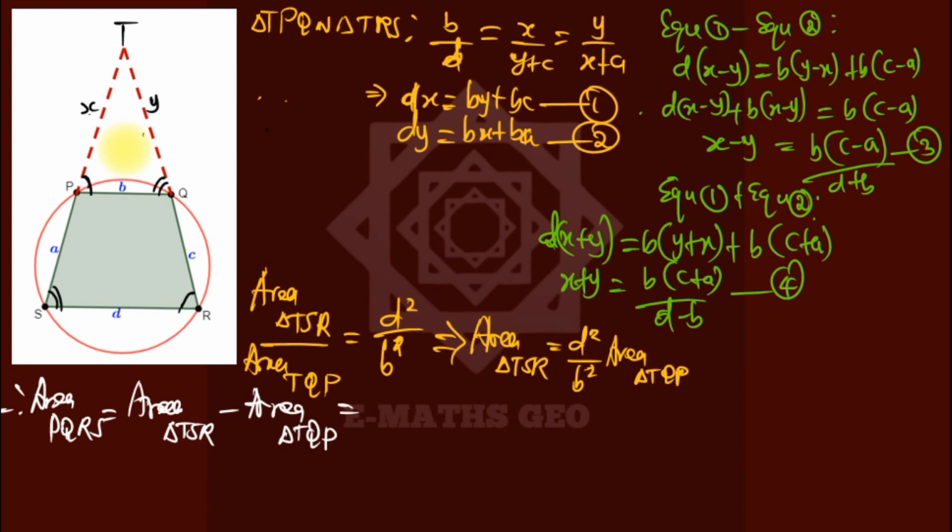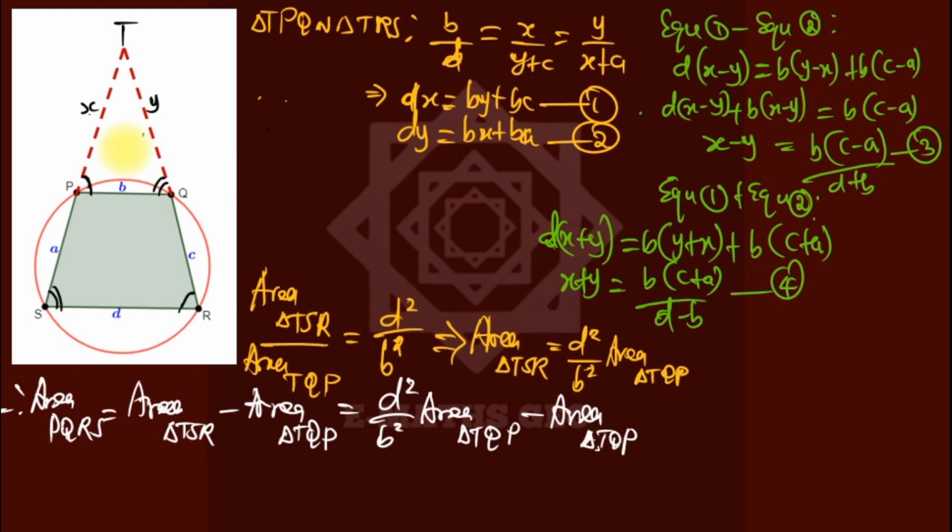And we've written the big one in terms of the small one, d squared over b squared times the area of triangle TQP, so minus area of TQP.